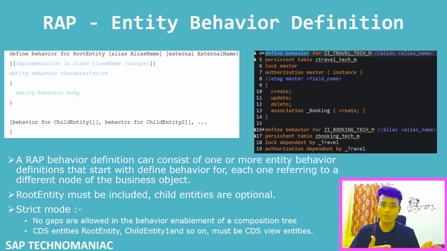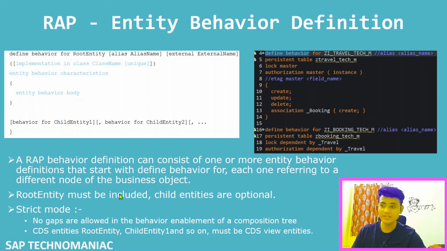If you want to do CRUD operations, you have some actions, determinations, or features, all those things we define in the body. That also we will see in upcoming videos, one by one, each and everything. So these are the things, and there are some more things we have to see here.